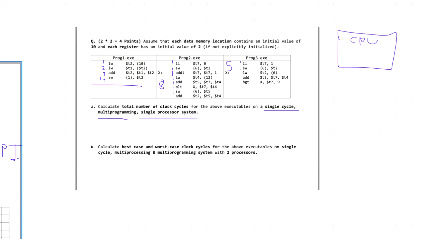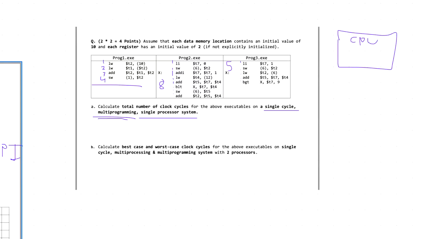I don't care that it's multi-programming. If you have one CPU, you can't delegate these to other processors. There are no other processors. Similarly, if it was the other way around, single programming, or uniprogramming it's called, with multiple processors, even if I have multiple processors but I don't have the programming ability, I can't do anything with it.